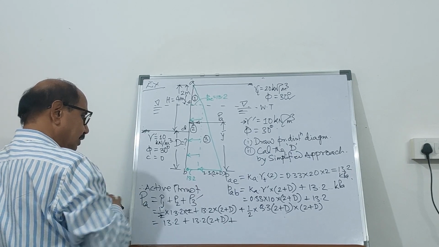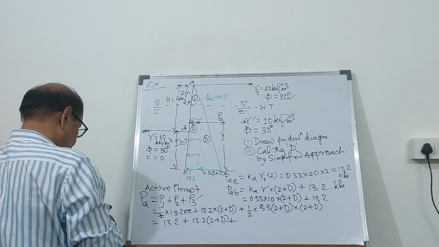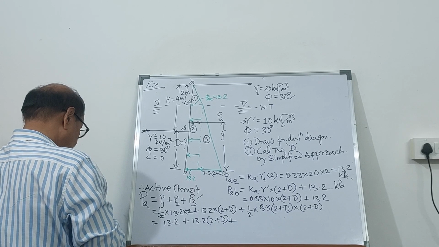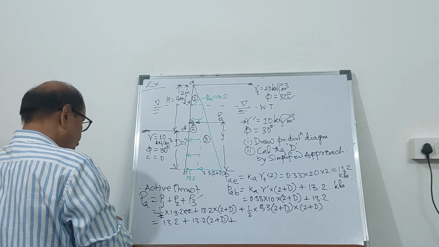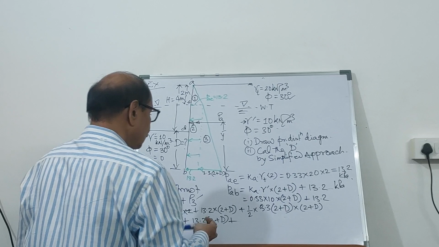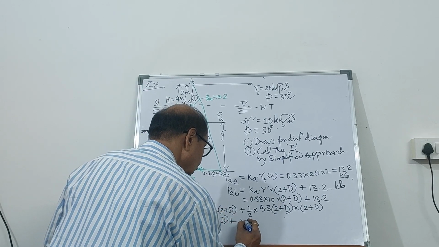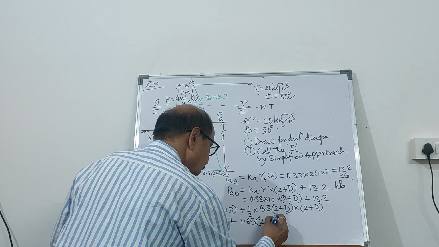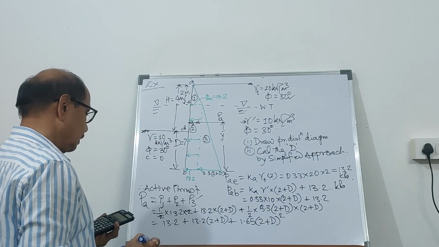You can calculate it. 1.65 into 2 plus D whole square.